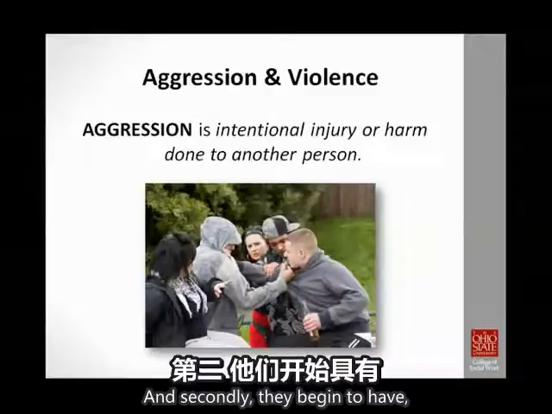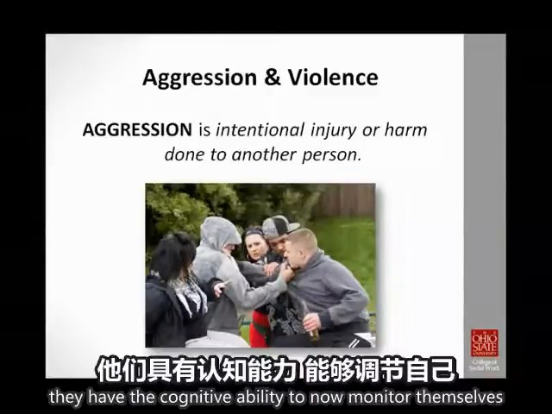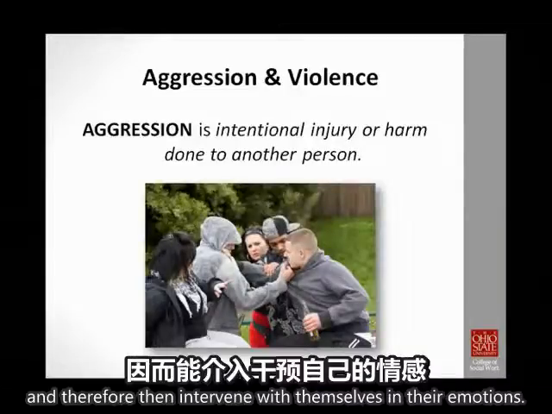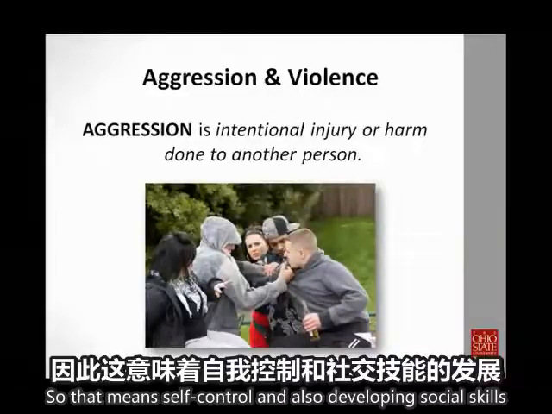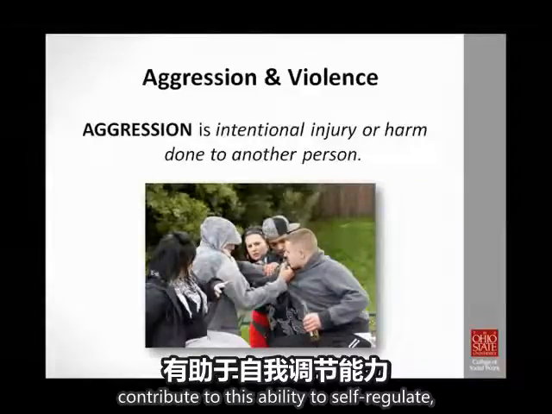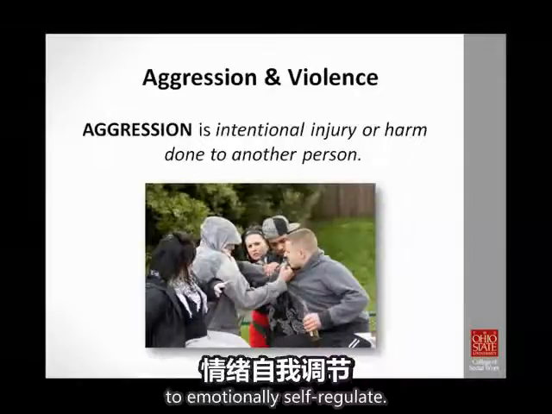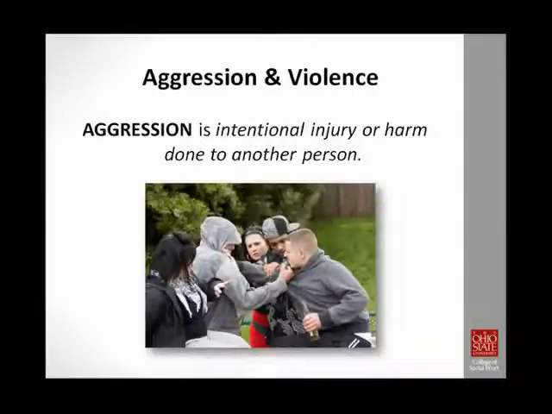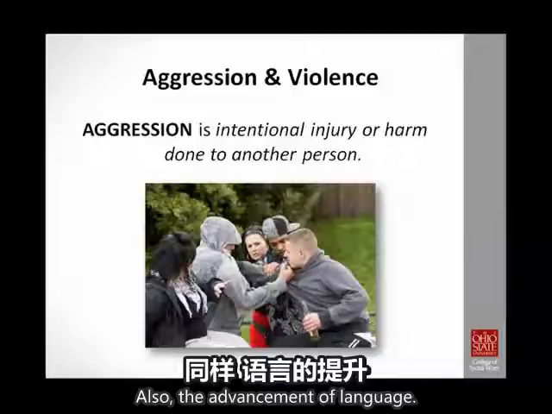And secondly, they have the cognitive ability to now monitor themselves and therefore then intervene with themselves in their emotions. So that means self-control and also developing social skills contribute to this ability to emotionally self-regulate. Also, the advancement of language.